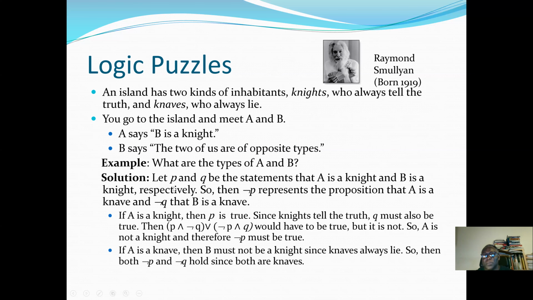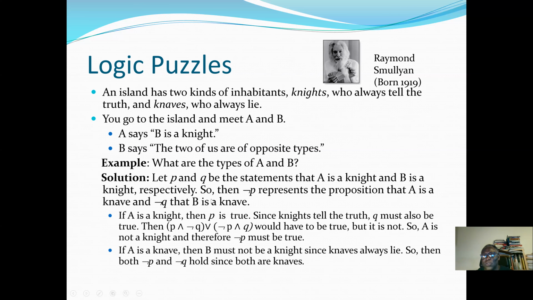So solution, let P and Q be the statements that A is a knight and B is a knight, respectively. Then, not P will represent the proposition that A is a knave, and not Q means B is a knave, because A is a knight, B is a knight.